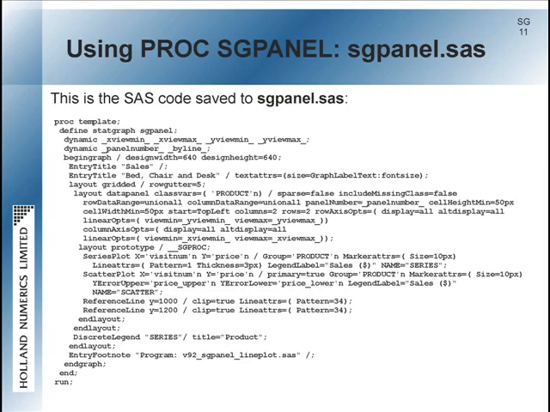You have LAYOUT GRIDDED, which is the general layout of the graph itself, and then inside LAYOUT DATAPANEL, and it comes up with columns 2, rows 2 on about the third line of the data panel, which shows the default for the grid itself.